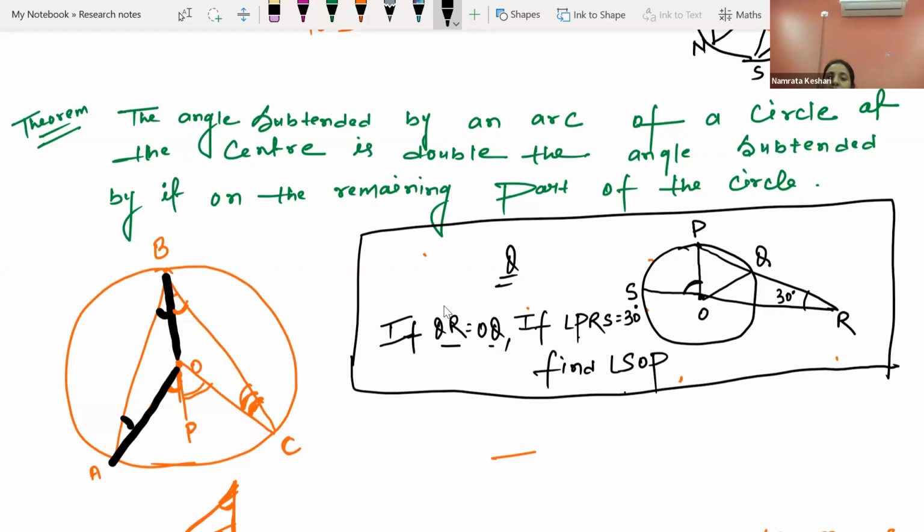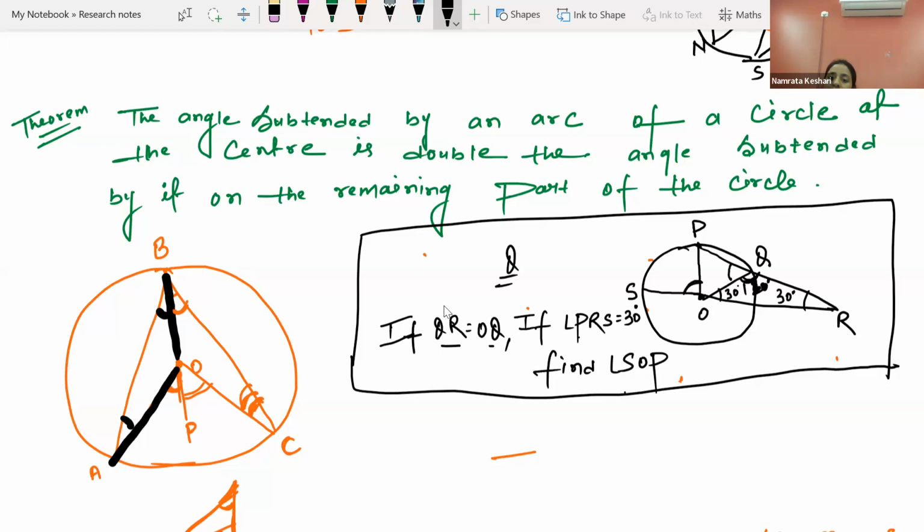Ma'am, since it's given OQ is equal to QR, angle QRO will be equal to angle QOR, so both of them will be 30. Using the angle sum of a triangle, we will get angle OQR as 120 degrees. Then by linear pair, we will get angle PQO as 60 degrees.